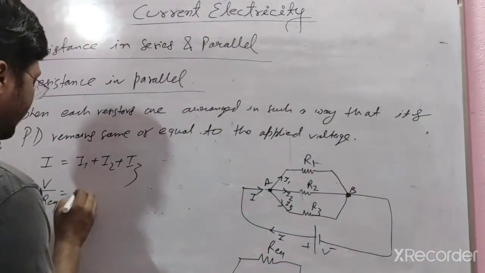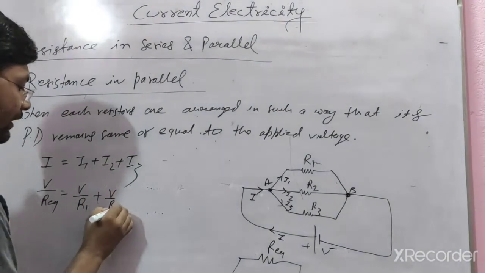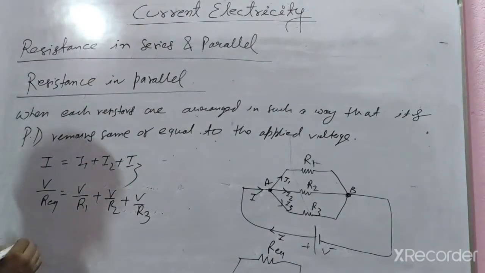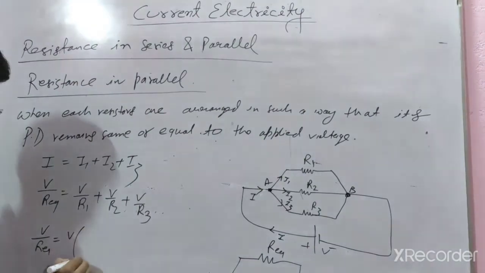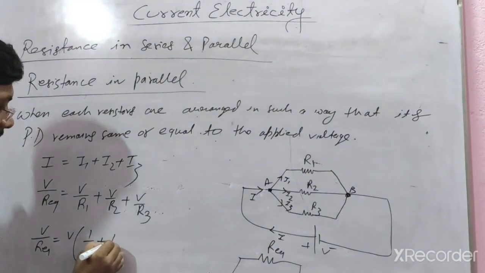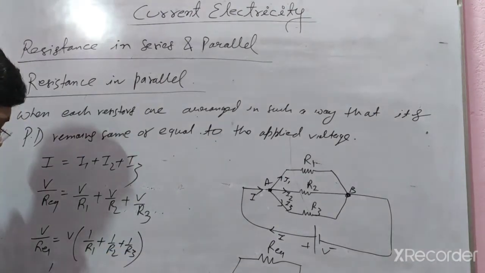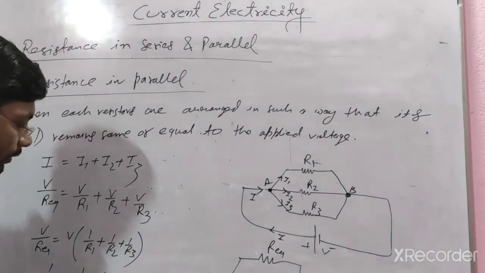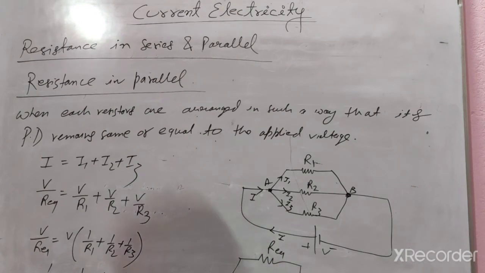Current I can be written as V by R1 plus V by R2 plus V by R3. So V by R equivalent equals V common times 1 by R1 plus 1 by R2 plus 1 by R3. So 1 by R equivalent equals 1 by R1 plus 1 by R2 plus 1 by R3. Just write down.